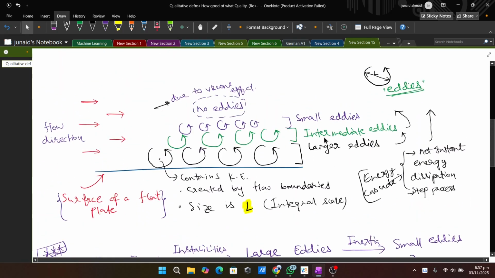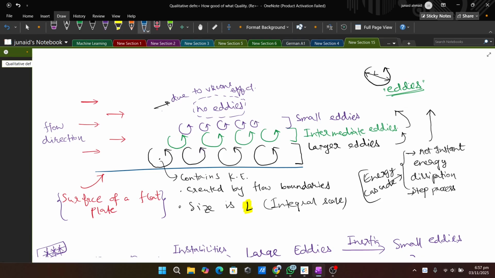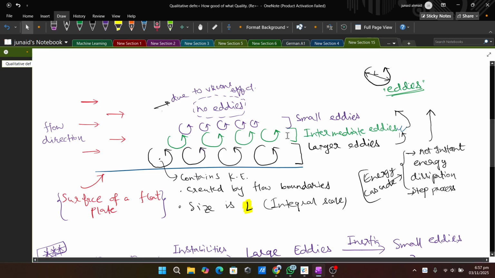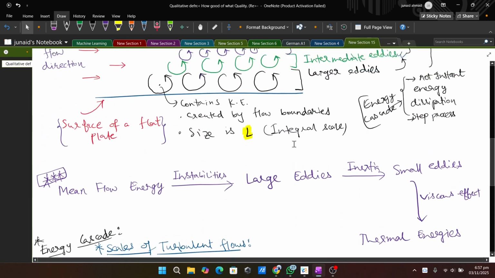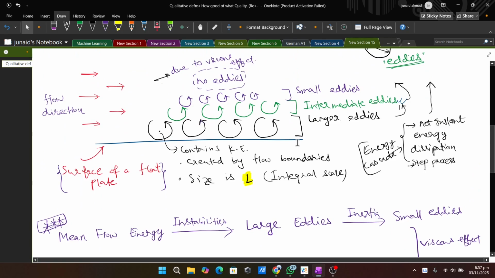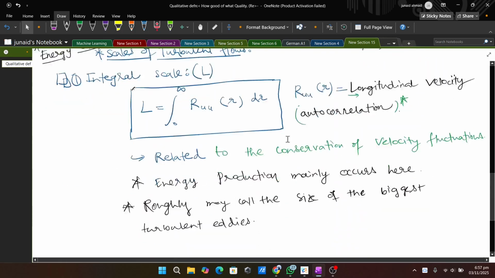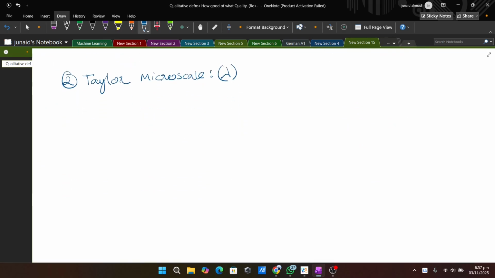Here the viscous effect has not become as violent as in the smaller eddies. We still have some inertia effect, which is a little bit dominant over the viscous effect. So it is basically the intermediate eddy representation.